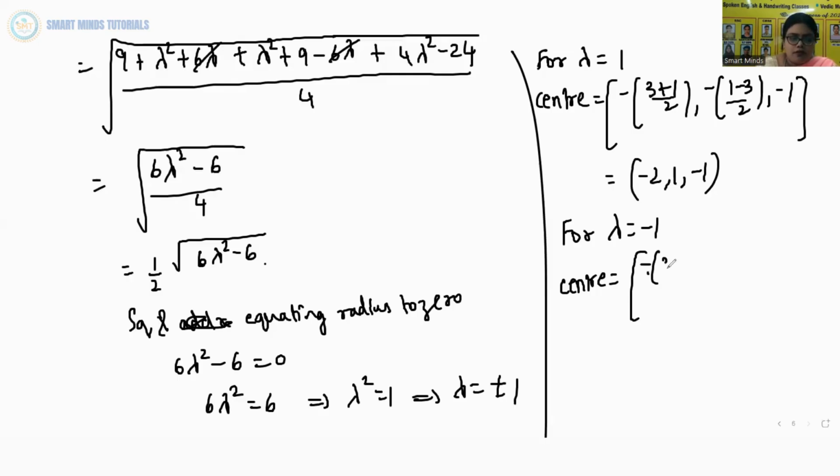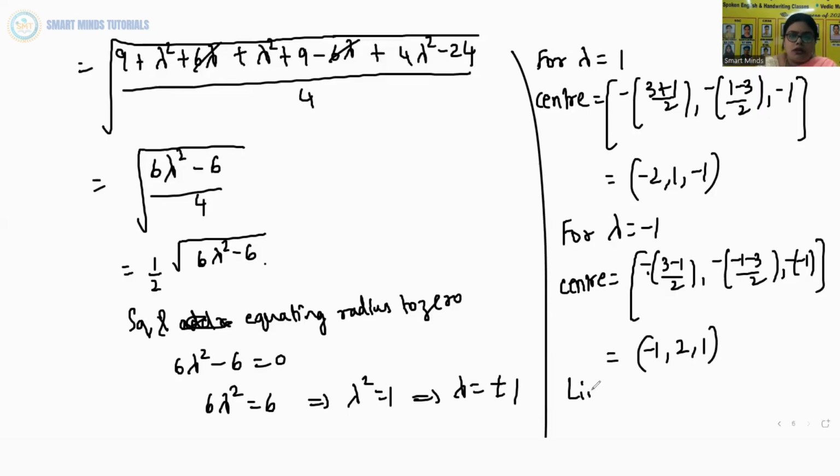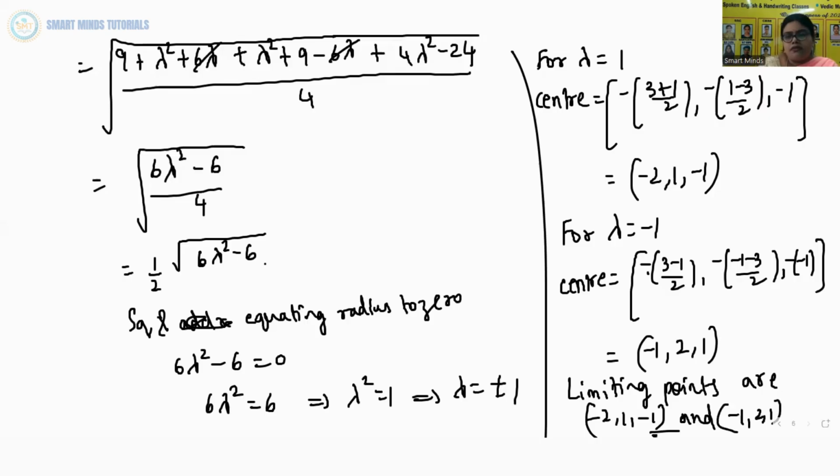So minus of 3 minus 1 by 2, minus of minus 1 minus 3 by 2, minus of minus 1. If you simplify this, you'll get minus 1 comma 2 comma 1. So what are the limiting points? Limiting points are minus 2 comma 1 comma minus 1 and minus 1 comma 2 comma 1. This is the final answer.